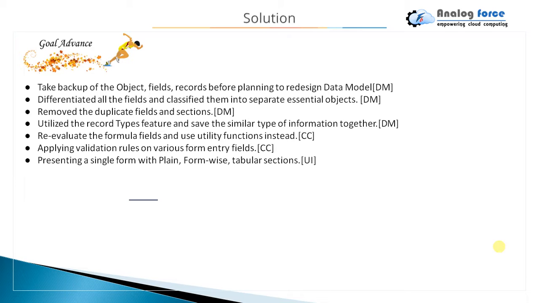So all the DM marked steps are for data model, CC are for configuration steps, and obviously UI for user interface. Applying validation rules on various forms is also going to restrict a lot of records from getting created with different wrong values.